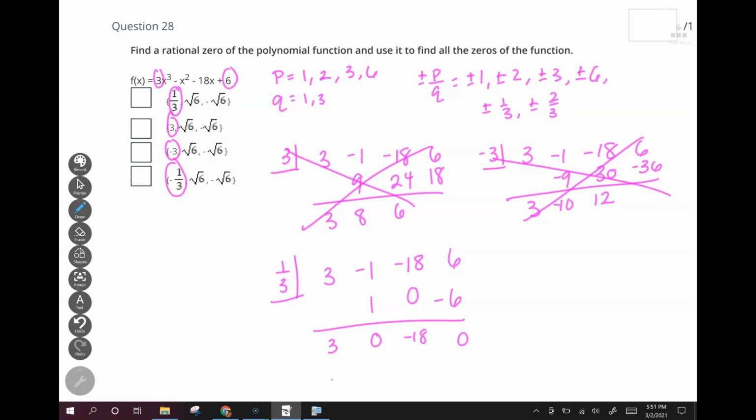All right, that one gave me a remainder of 0, so that means positive 1/3 is a 0. So that's the only one that has positive 1/3, so that must be the answer.